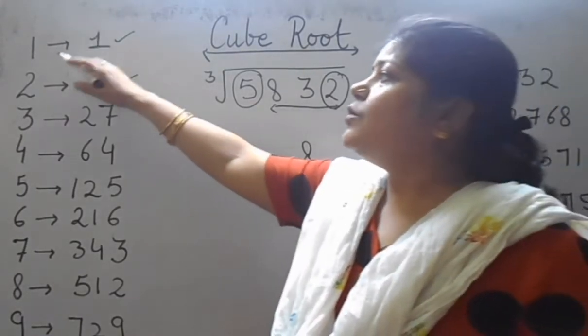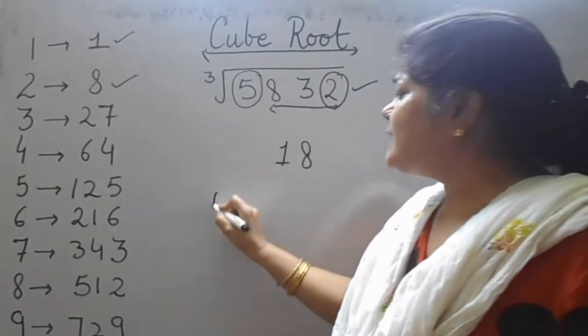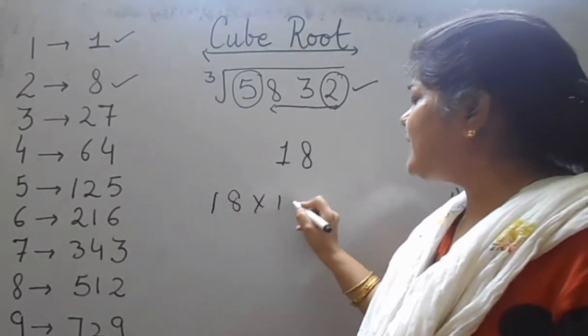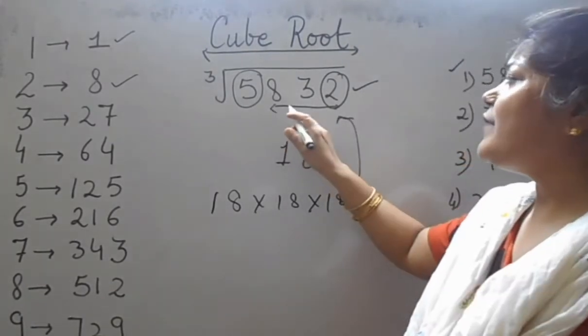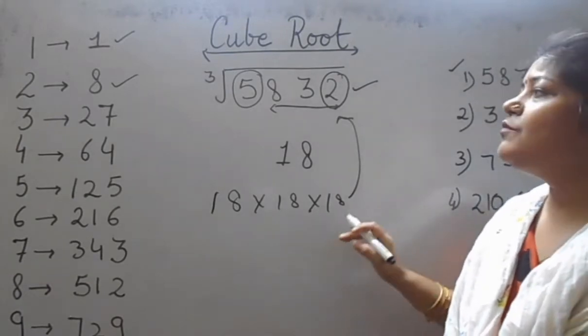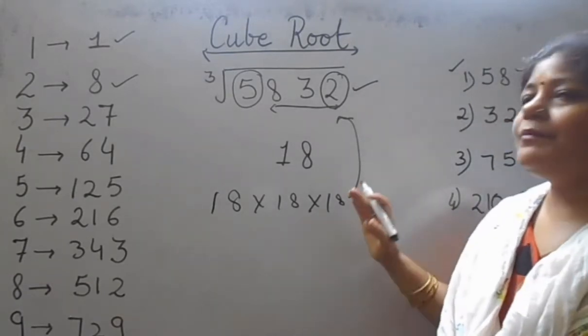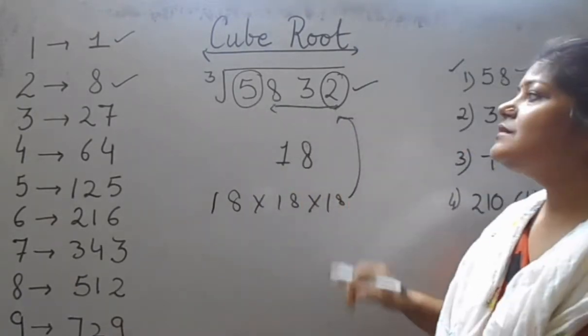So take the lower digit, that is 1. That means if we multiply 18 three times, we get the same number, 5832. I think the trick is very easy and very simple. You can apply this trick in any question having a 4-digit number.